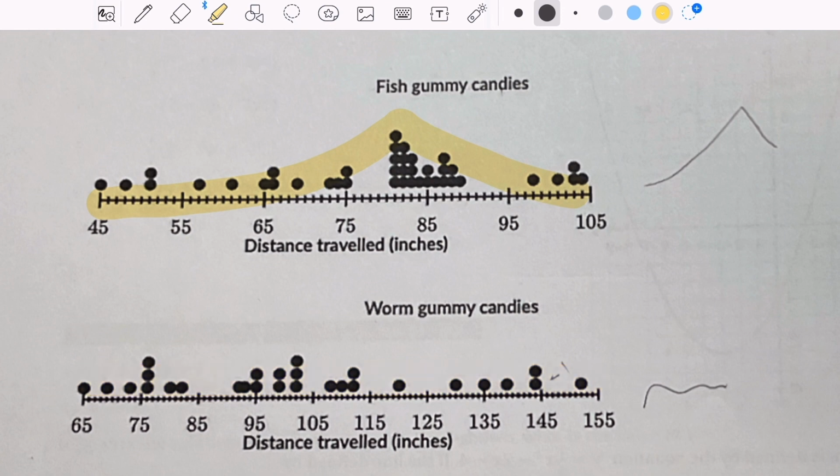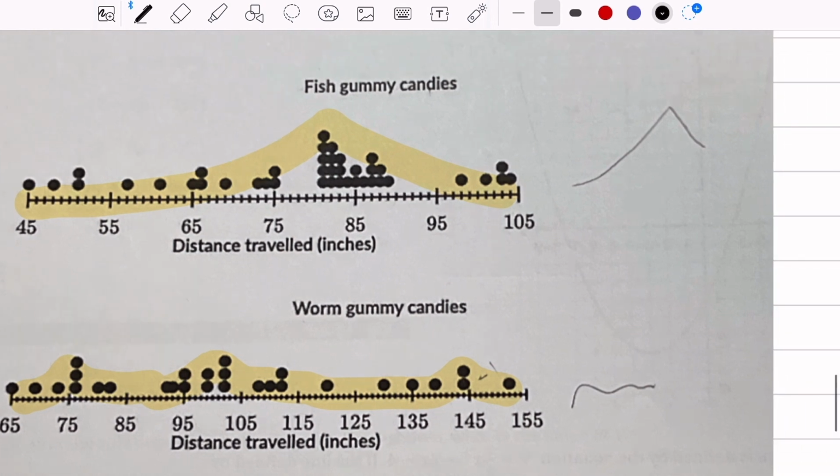When there's a mean, if the data is clustered like this, the standard deviation is low because it focuses on the mean. And if it looks spread out from the mean, the standard deviation is high.